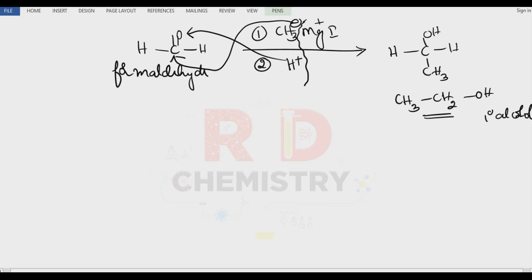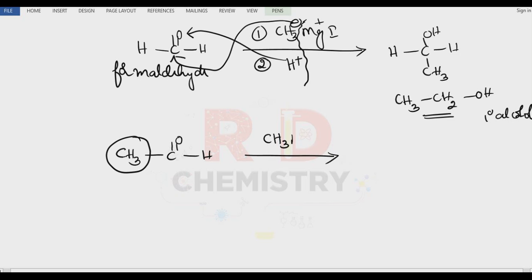Let me take any other aldehyde. Any other aldehyde, with CH3 here: CH3C double bond OH. Okay, I can keep on changing this alkyl group now. So I'll get a secondary alcohol. So what I'll do, I'll write the shortcut here. Okay, so I'll write CH3 MgI, I want only the alkyl group, followed by the acidification. There are two separate steps here. So the organic group goes to the carbon atom and hydrogen goes to the oxygen. Double bond becomes single bond.